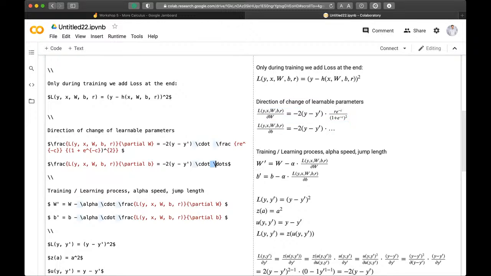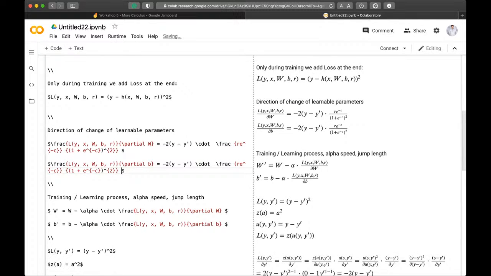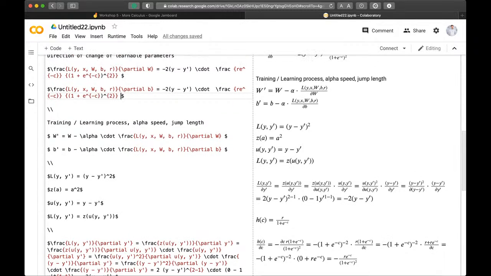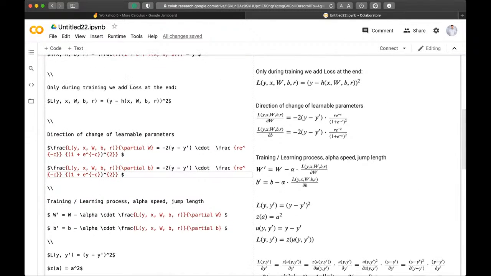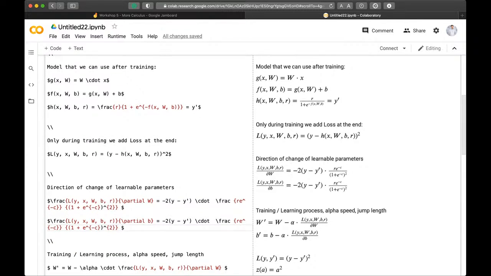So we multiply it here, and now this C is not nice. C is not clear. What is C here? We need to replace it. What was C? C was F, the output of F. That's why, when we wrote it down, it was not clear in the very beginning why we need to do the chain rule there.